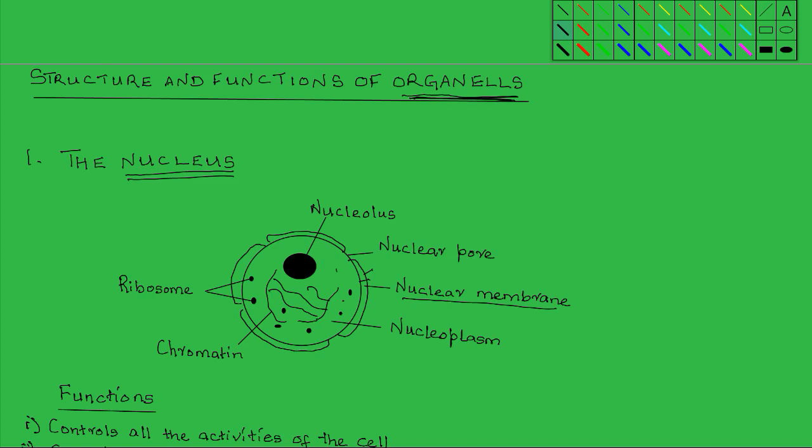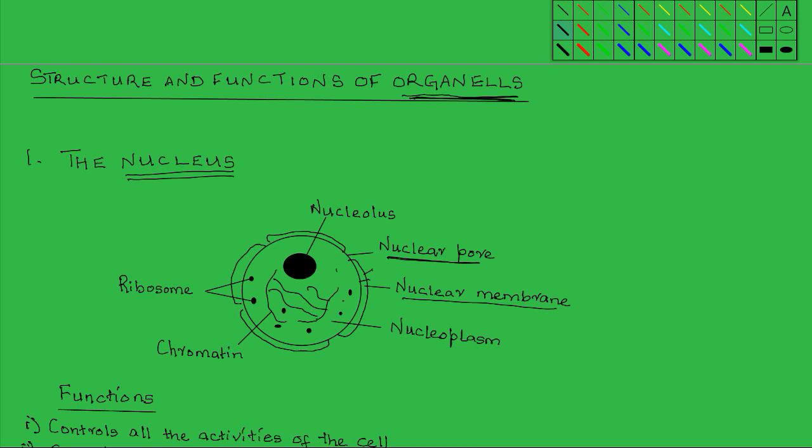This nuclear membrane is also known as the envelope, and it is perforated by nuclear pores. At specific points, there are tiny holes or openings that are known as the nuclear pores. These nuclear pores allow for the exchange between the nucleus and the cytoplasm.